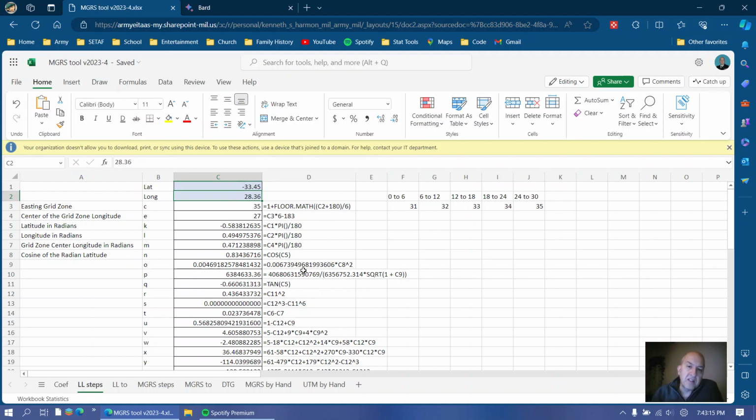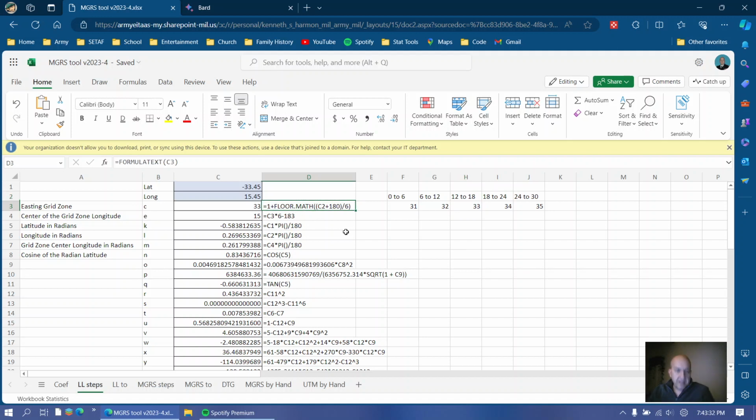Now, if I changed this to something that's in between there, like if I said, let's say 15.45, that's grid zone 33.